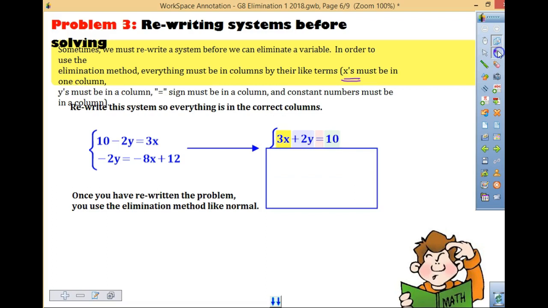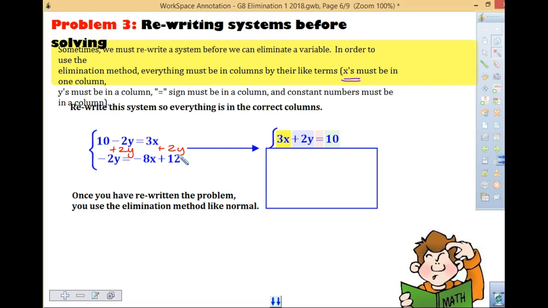That what we had to do here in this equation was we added 2y. And instead of putting the 10 first, we put the x plus 2y equals 10. So please write that right behind and turn to the next page. So once we do that, write that. 3x plus 2y equals 10.